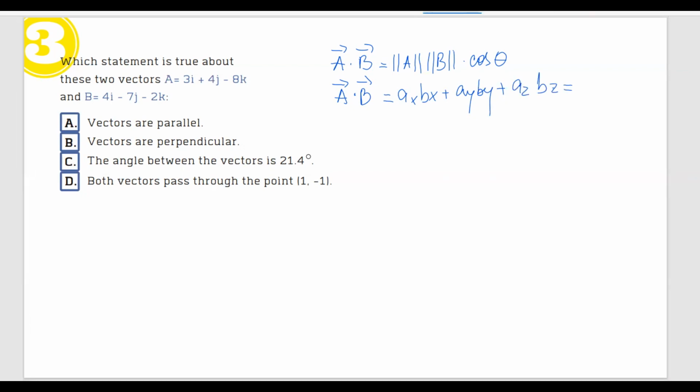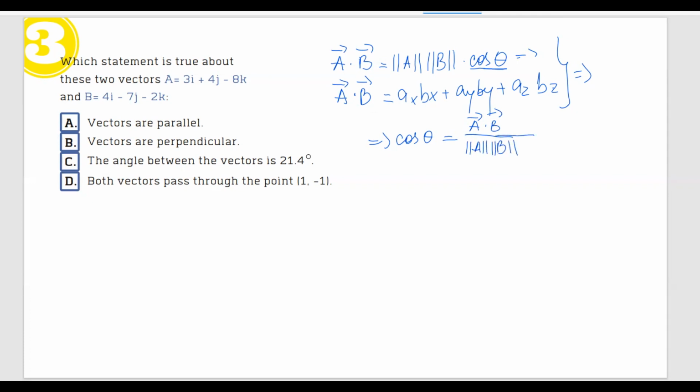So in order for us to know if the vectors are parallel, if they're perpendicular, or if the angle between the vectors is 21.4, we have to calculate cosine of theta. From this equation, cosine of theta equals the dot product over the product of the magnitudes.